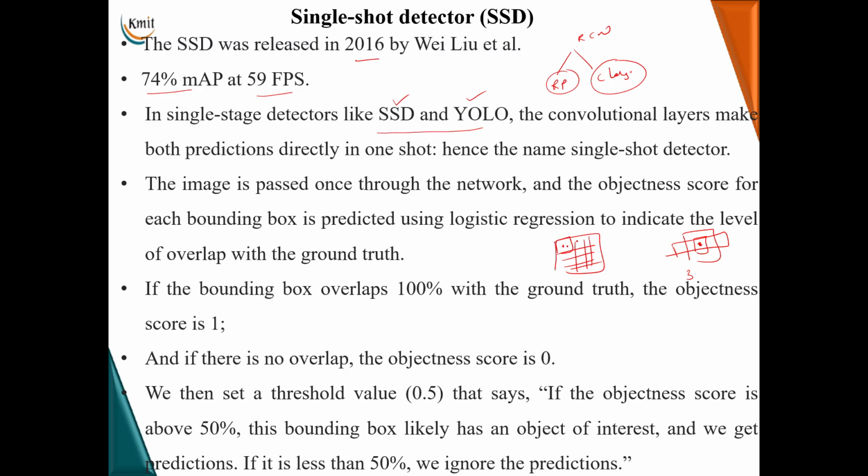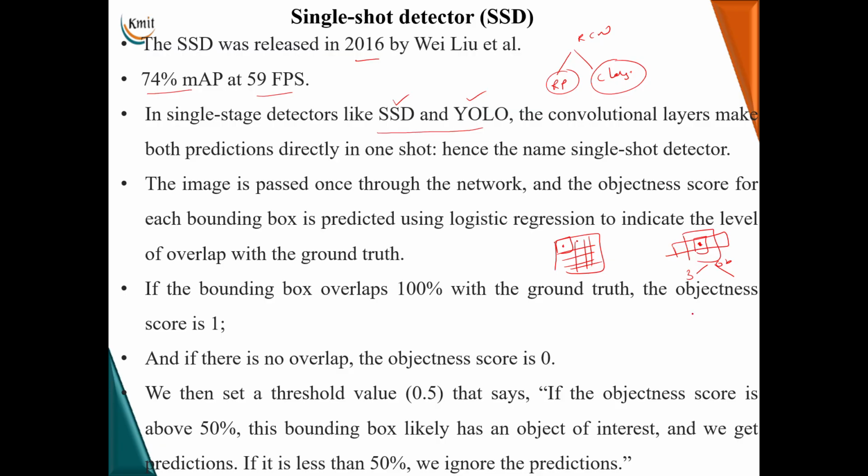So in SSD, for each feature map location, what will SSD predict? Multiple bounding boxes at different scales and aspect ratios for each feature map location. For each bounding box, for example, as I have 3, the model will assign what? The objectness score as well as the class score.